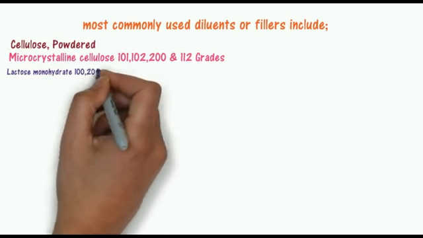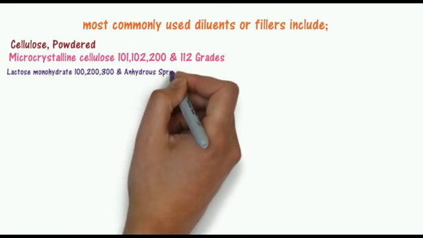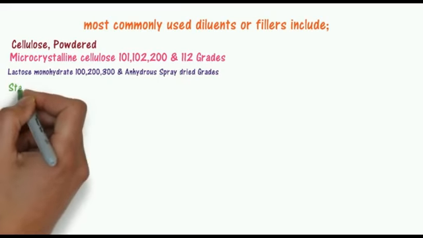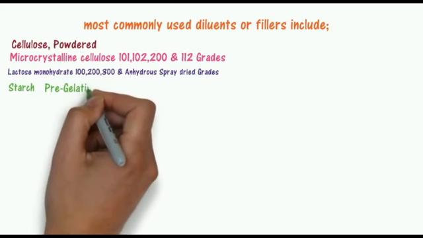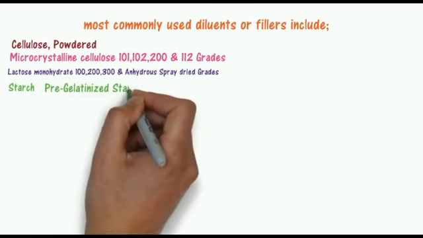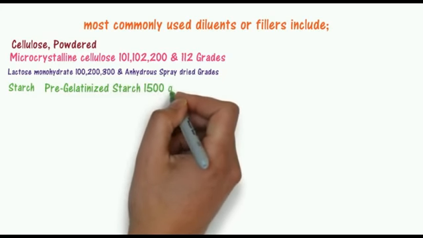Lactose monohydrate 100, 200, 300 and anhydrous spray-dried grades. These grades are according to the particle size. 100 and 101 are the smallest, while 200 and 300 are the largest mesh sizes of these fillers.